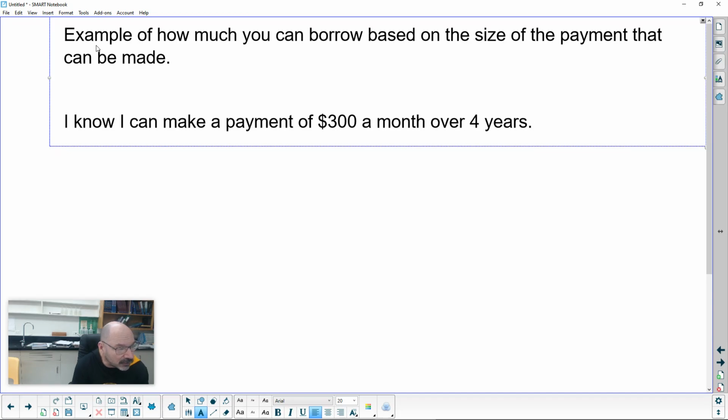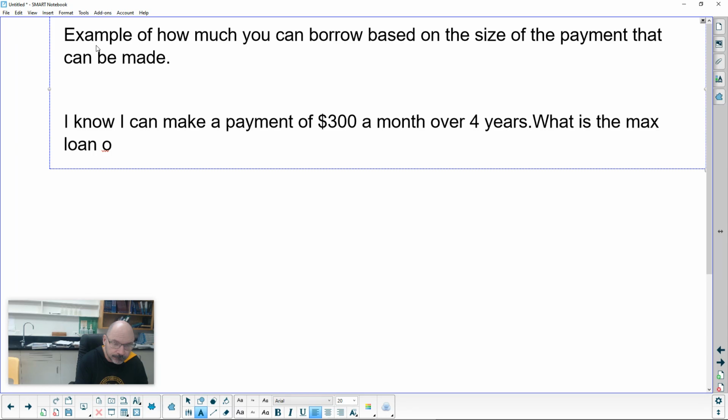What is the size of the loan I can take out from the bank if they offer me, and what is the max loan amount I can borrow at, let's say, 4.8% compounded monthly over the 4 years?